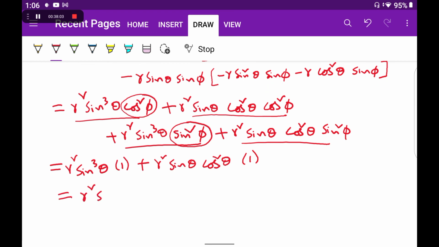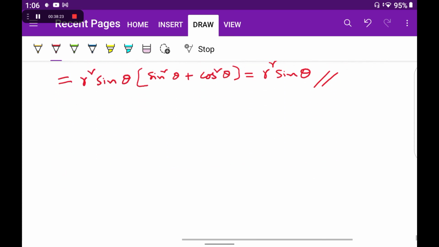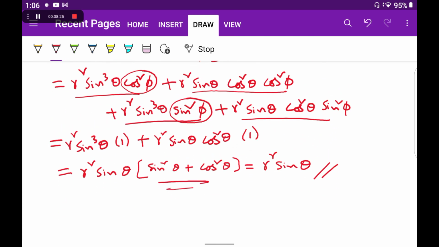Now r square sin theta you take common. We get sin square theta plus cos square theta, which is 1 again. So the answer is r square sin theta. This is what we need to prove. Right?